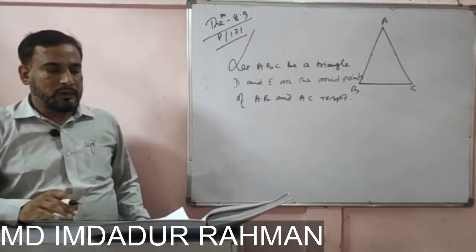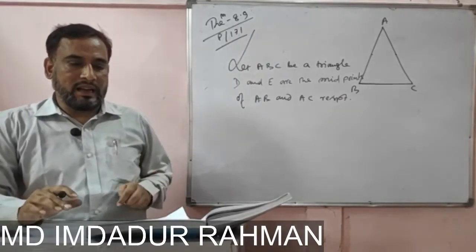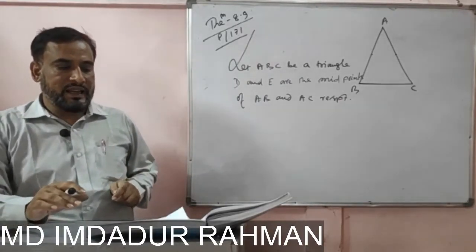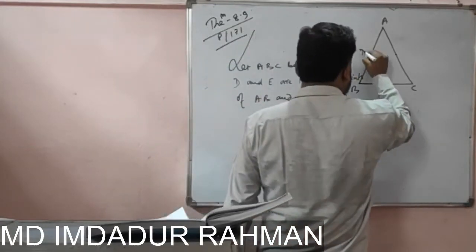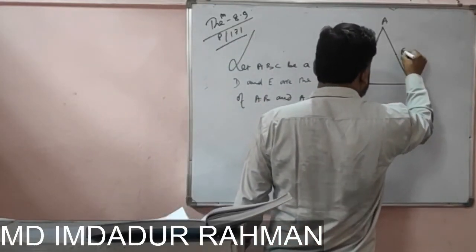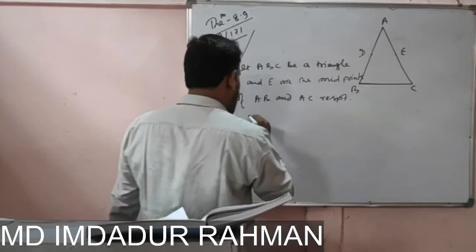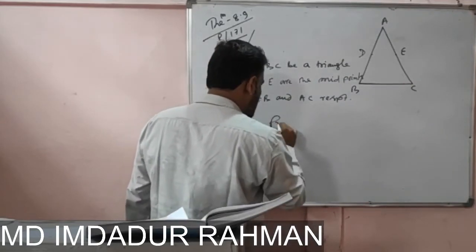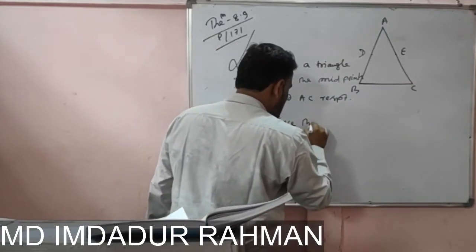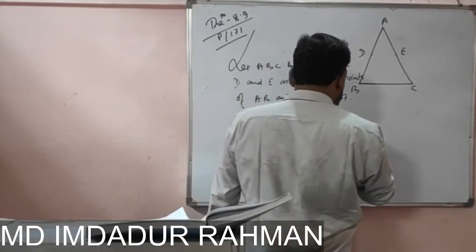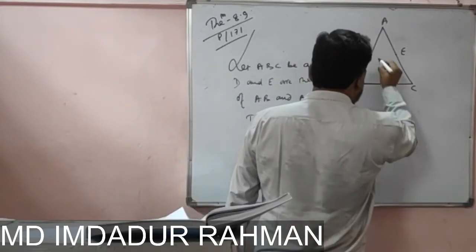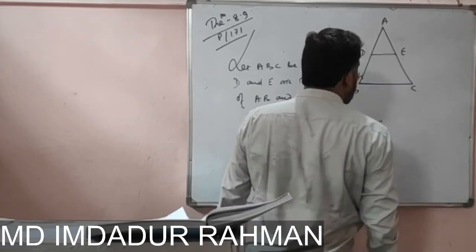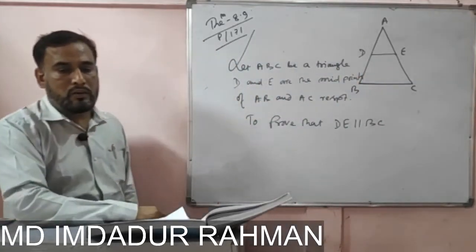What is given? D and E are the midpoints of AB and AC respectively. To prove that DE is parallel to BC.